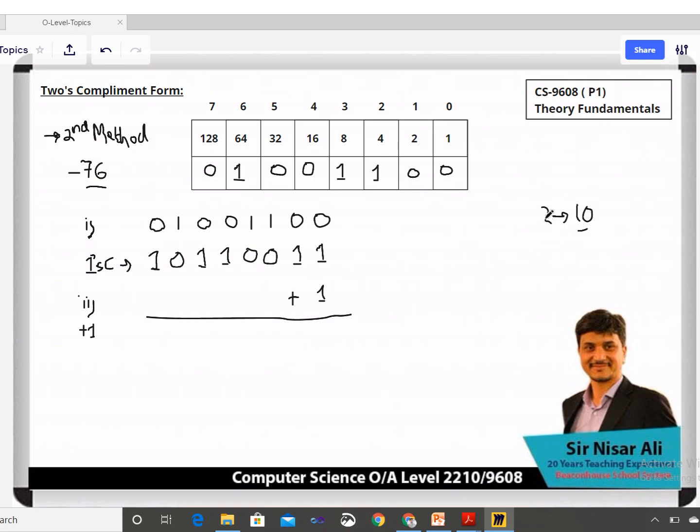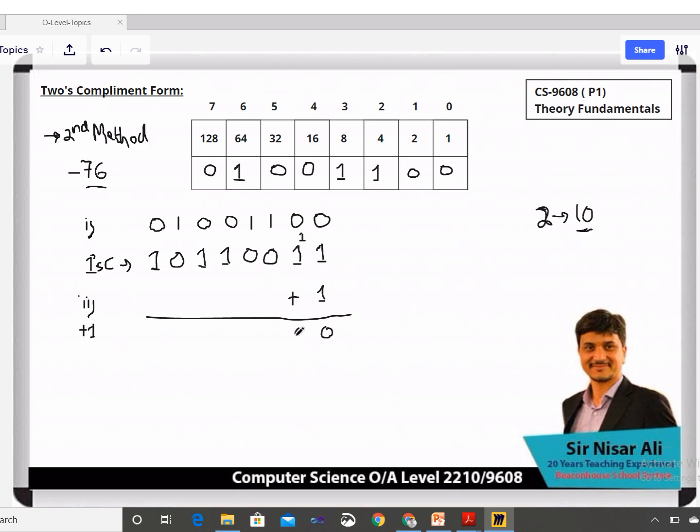You know that in binary we cannot write 2. We can only represent 1 or 0. So for 2 in 2 bits, it will be 1 and 0. So we write 0 here and 1 is carried.